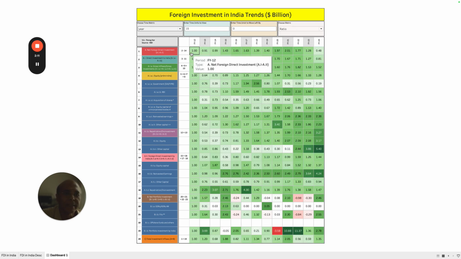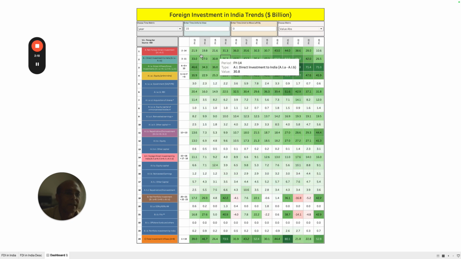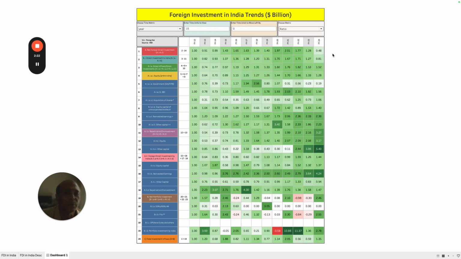This number is going to become 1 because it gets divided by itself, and the $10.6 billion is going to get divided by $21.9 billion, and this number is going to come out as 0.48. So there are two different pictures that you are able to see, not only of the various line items which constitute this whole table, but also a trend, which is difficult to visualize otherwise if you don't have this ratio. So I have both these numbers in front of you to understand the overall picture.